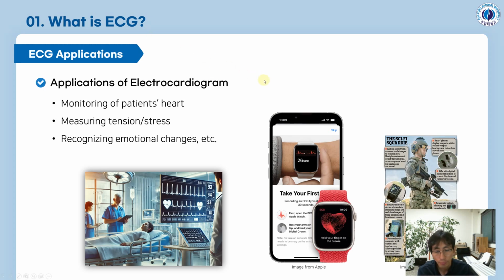Okay, so also we can recognize emotional changes using ECG as well. Like if you are falling in love and you are watching a person who you love, then your ECG, your heartbeat is going to change, of course.